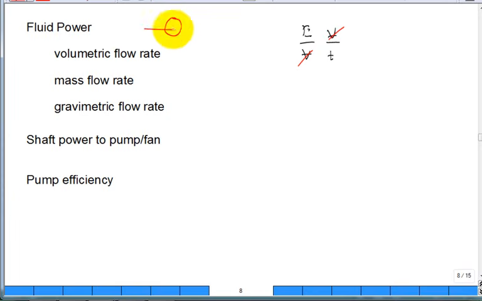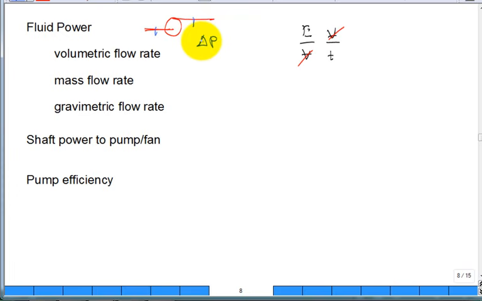I have fluid coming into the pump, going out of the pump. Something changes across the pump. The most logical thing that you and I would talk about changing across the pump is the pressure. The pressure is changed across the pump. True? Somebody says there's some power being supplied to the fluid.